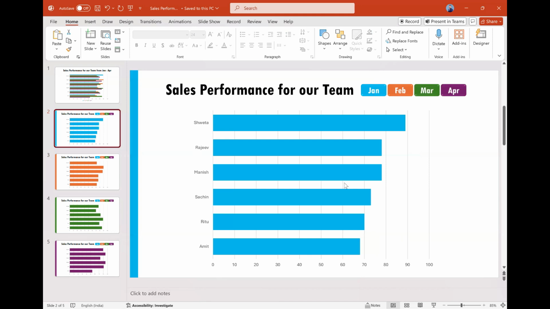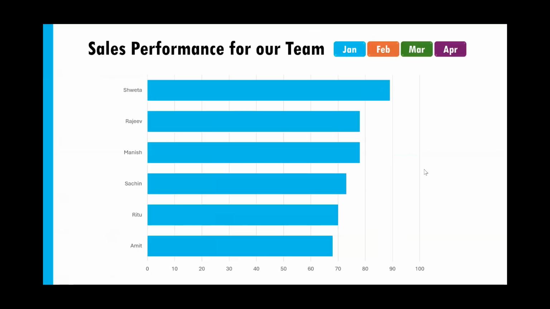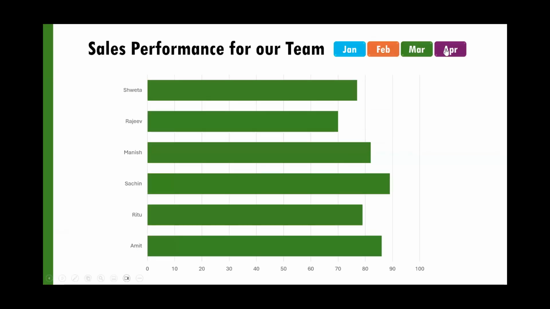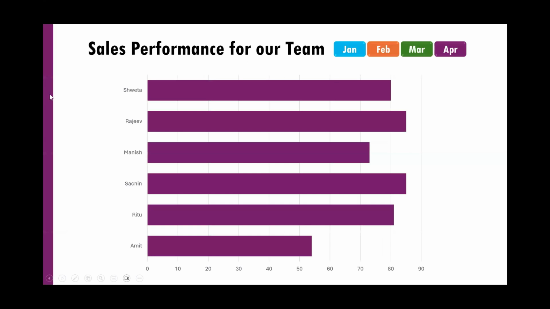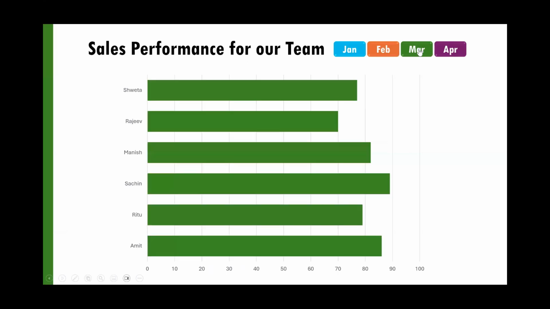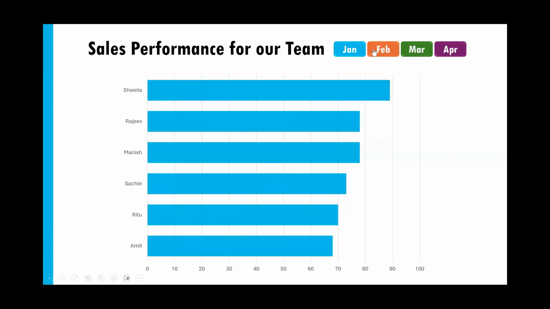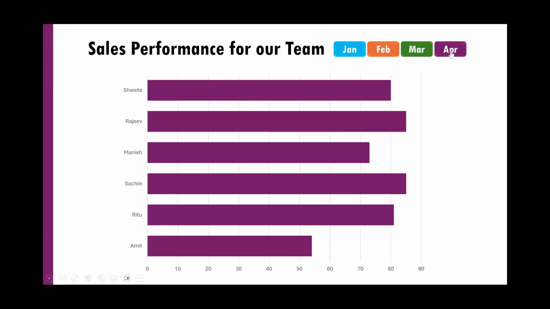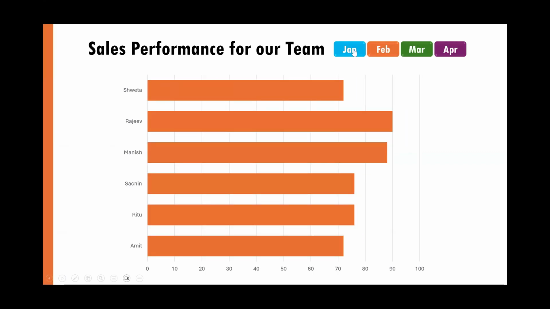Let us see what's happening right now. So Jan, Feb, March, April. See, everything is in symmetry. March, Feb, Jan, Feb, March, April. March, Feb, Jan.